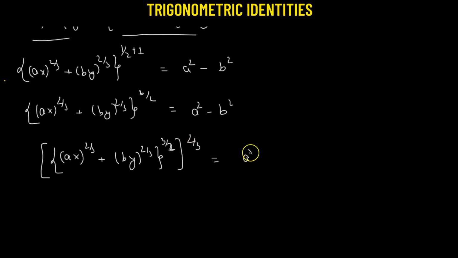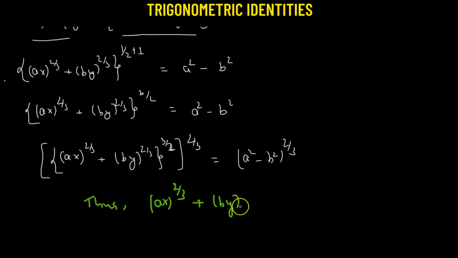Similarly, on the right hand side, we have a squared minus b squared, so we're going to raise it to the power of 2/3. So 3/2 multiplied by 2/3 will give us a value of 1. So finally, we can say that (ax)^(2/3) + (by)^(2/3) equals (a squared minus b squared) whole raised to the power of 2/3. Hence proved.